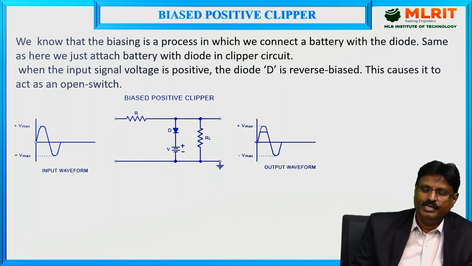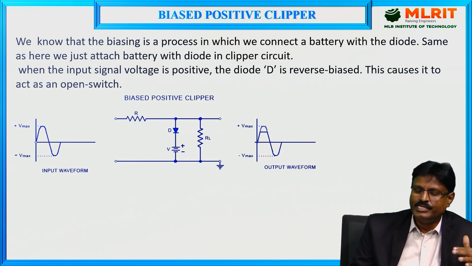But in some applications, in communication related applications, I need to remove a portion of the positive peak or a portion of the negative peak. So for that type of application, we need to construct one more type of clipper called the biased positive clipper. That means we need to provide some external battery voltage depending upon our application.